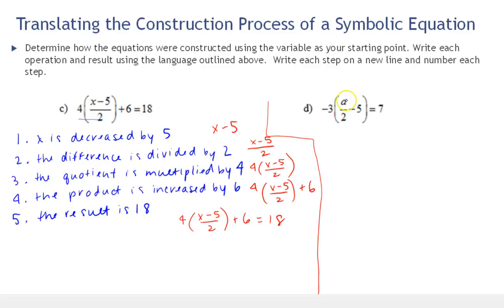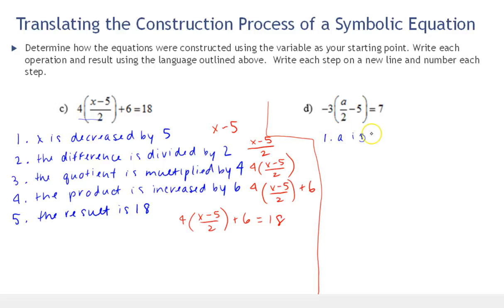Okay. Let's look at the next one. So we have a variable a here, so we're going to start with a. It's divided by 2. Then that result, we subtract 5. We take that result, multiply by -3, and the final result is equal to 7. So let's start at the beginning.